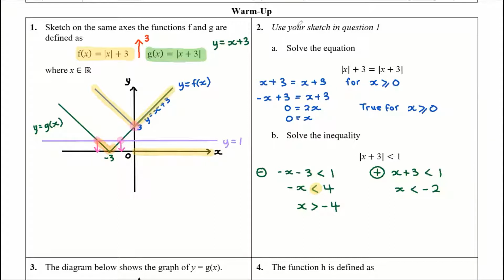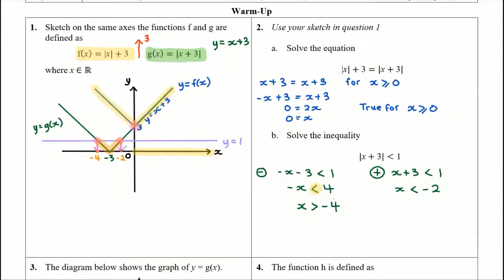So it's this region here. And what we've just done is we've just found those 2 key points. We found the points minus 4, which would be right here, and minus 2, which would be there. These points right here where the arrows are. So this seems to make sense.